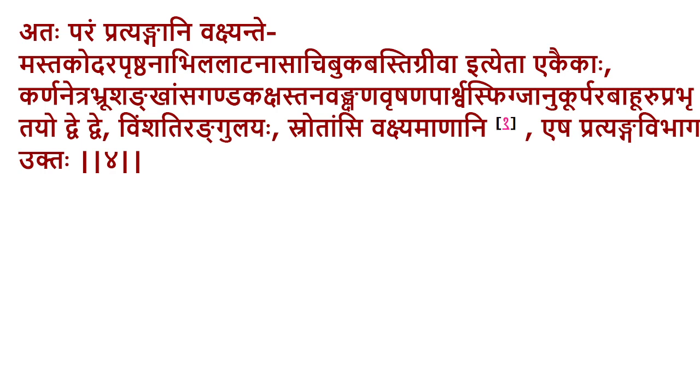The organs which are presented as twins, two organs, are the ears, eyes, eyebrows, the temples (Shankha), Amsa the shoulder area, Ganda the prominent portions of the face, Kaksha the axilla, Stana the breast, Vamshana the inguinal area, Vrishana the scrotum and testicles, Parshva the lumbar area, Spik the buttocks, Janu the knee joint, Kurpara the elbow joint, Bahu the arms, Uru the thighs. These are presented as twins, two organs of the body.